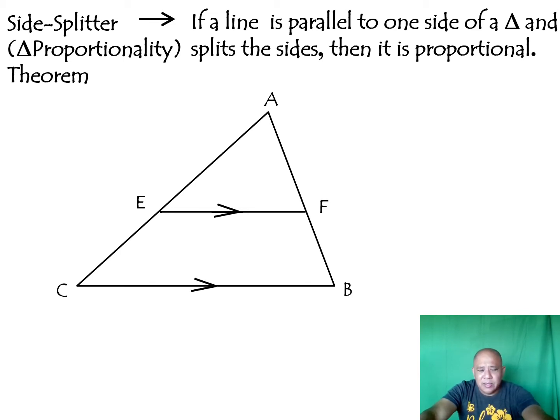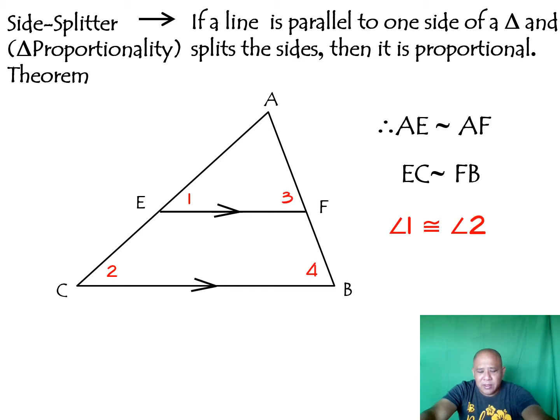Then it creates 2 triangles, which makes it similar. So we can say AE is similar to AF, EC is similar to FB. Angle 1 is congruent to angle 2, and angle 3 is congruent to angle 4.